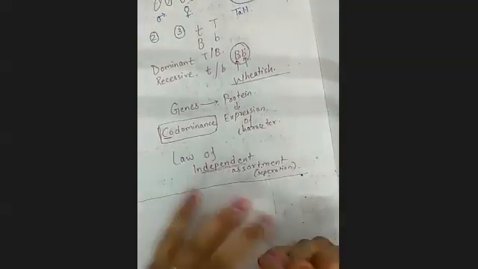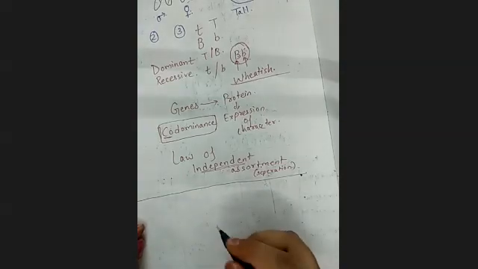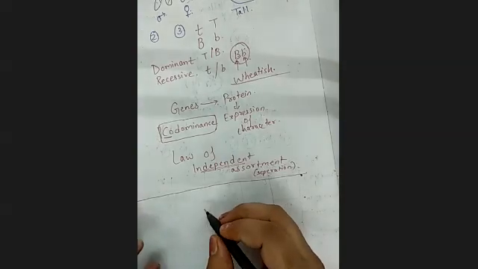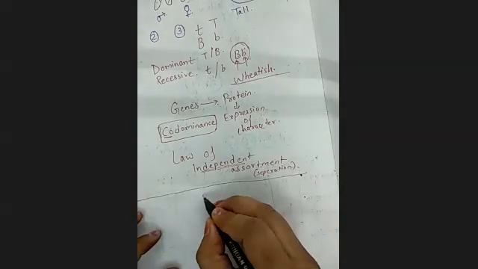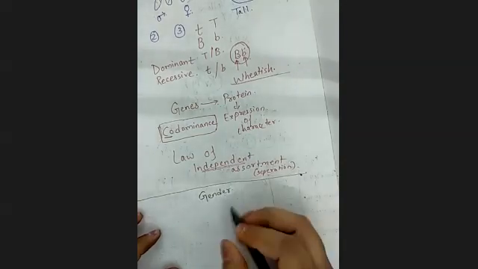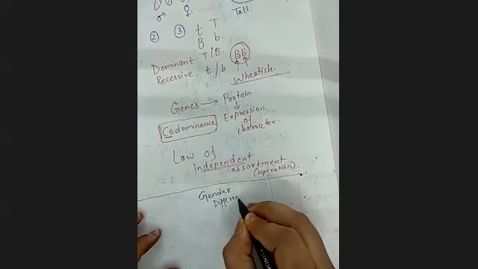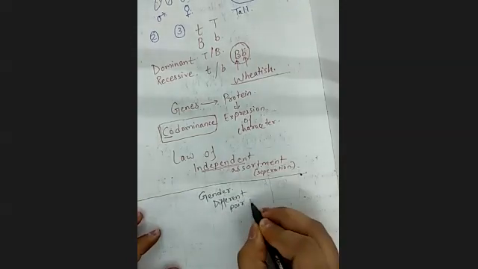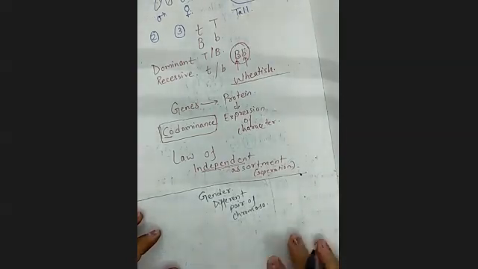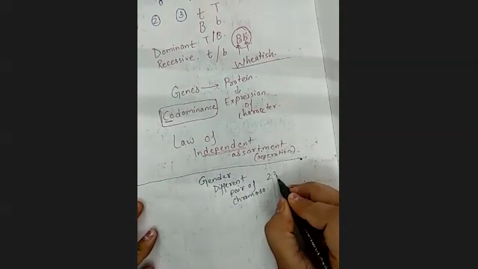Do understand that when we talk about sex determination, as you asked me, I always told you that the one which is deciding the gender is a different pair of chromosome. You got 23 pairs.